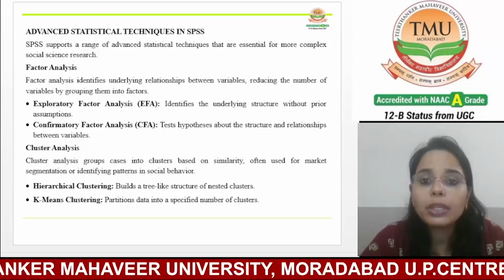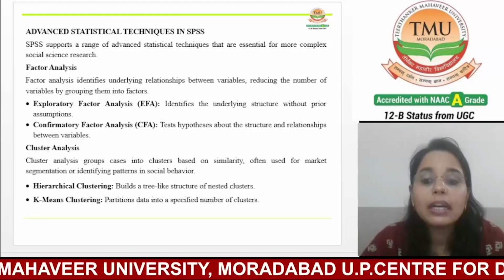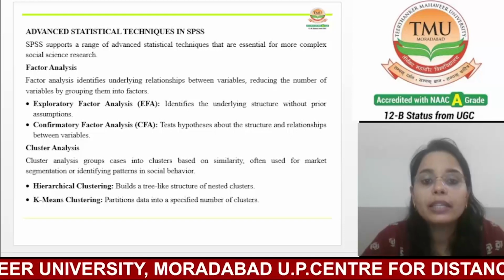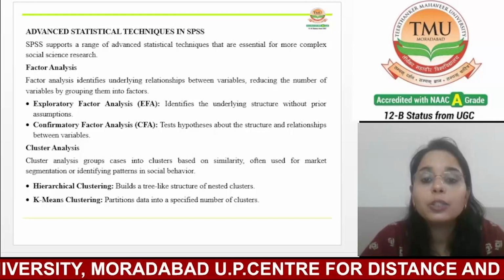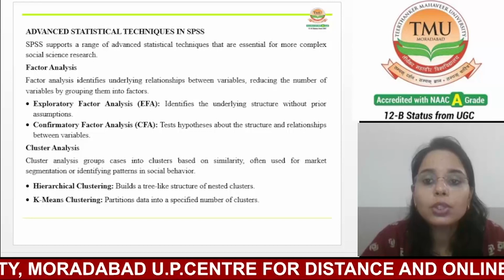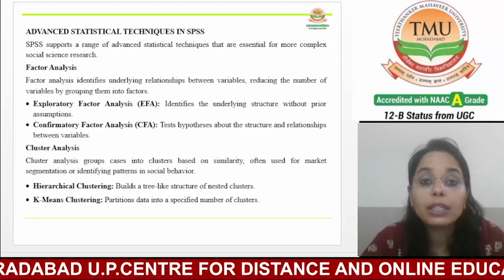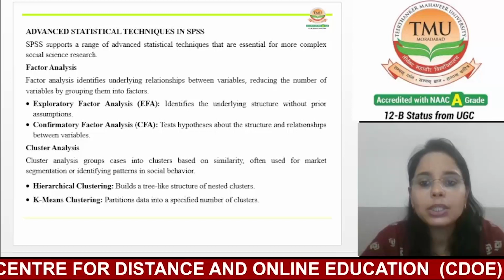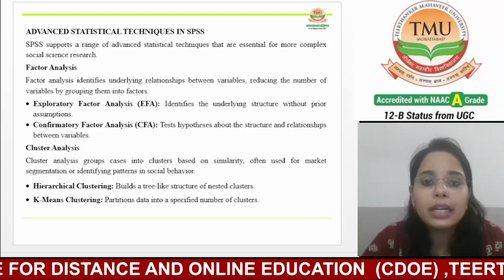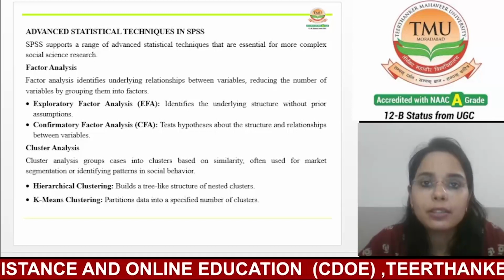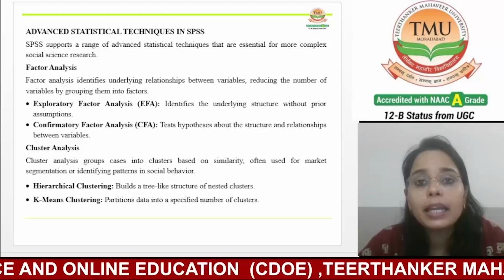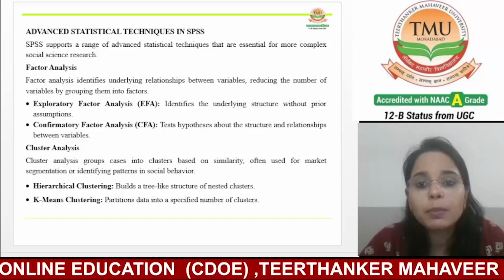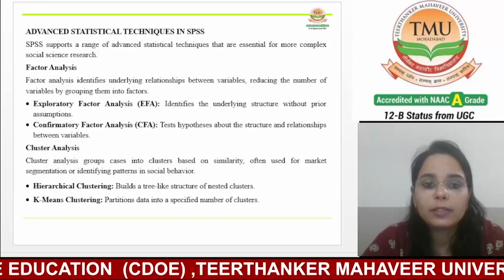The output includes the eigenvalues, which indicate the amount of variance explained by each factor, and factor loadings, which show how strongly each variable is associated with each factor. Generally, researchers use these outputs to determine the number of factors to retain and to interpret the meaning of each factor.